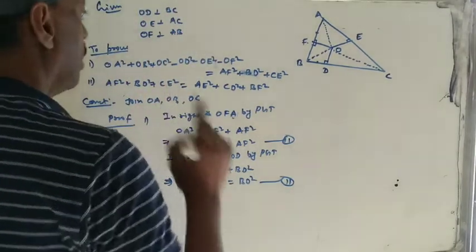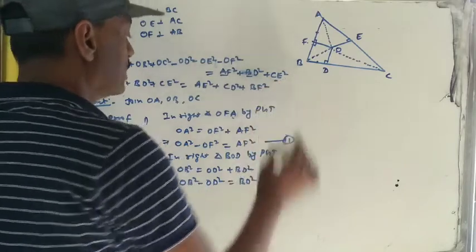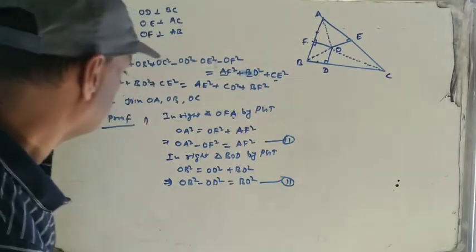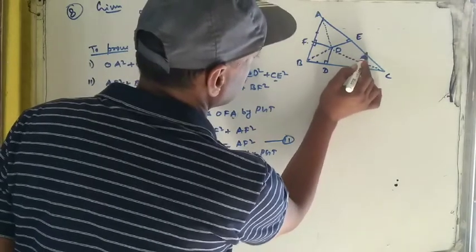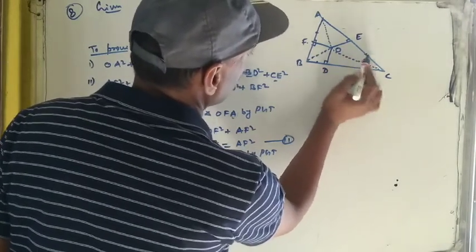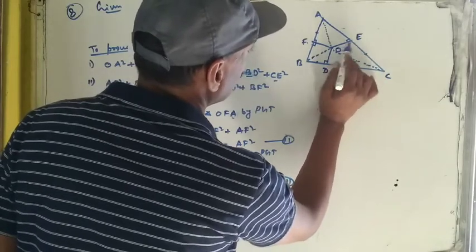Okay. We have taken AF, BD, now C. Where is C? This one is C. The triangle formed is triangle COE or triangle OEC.